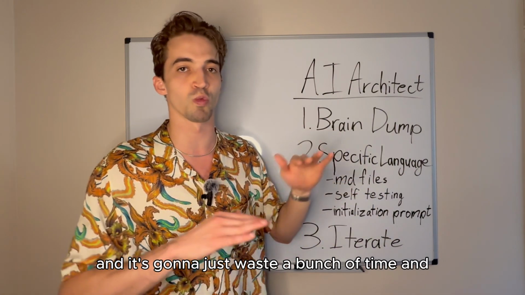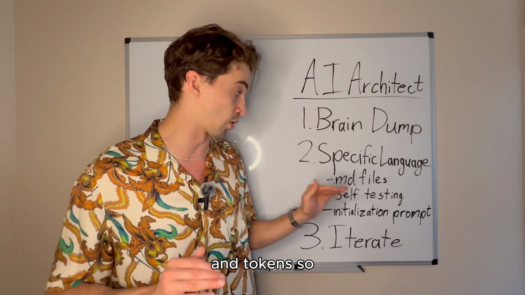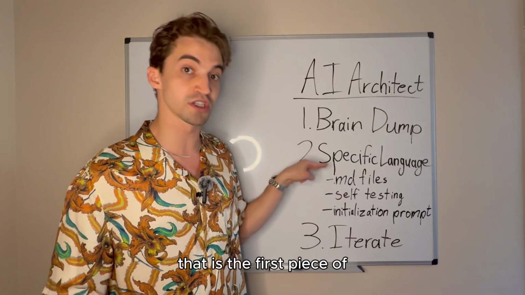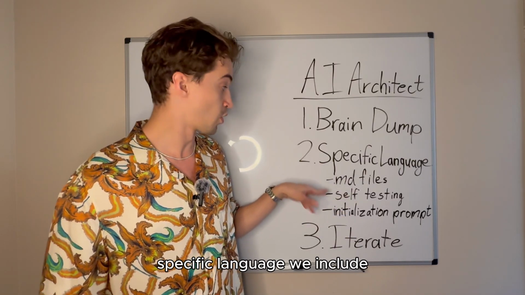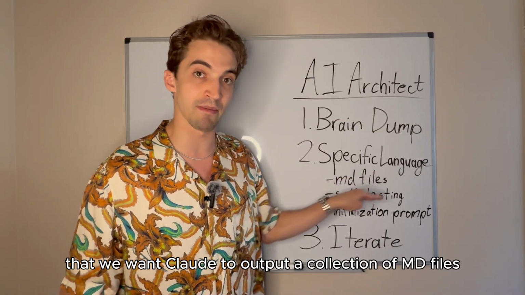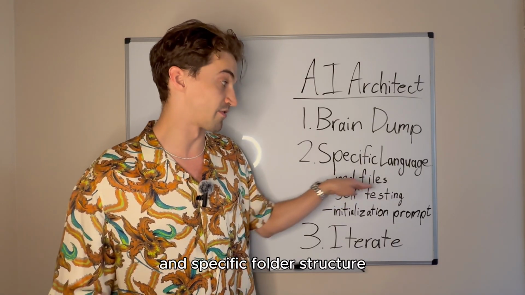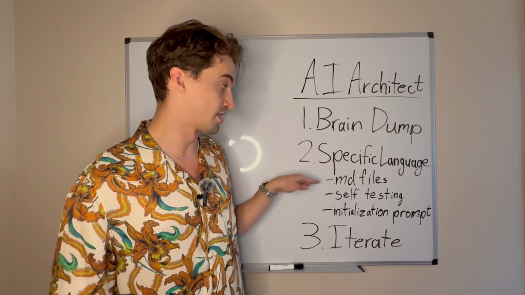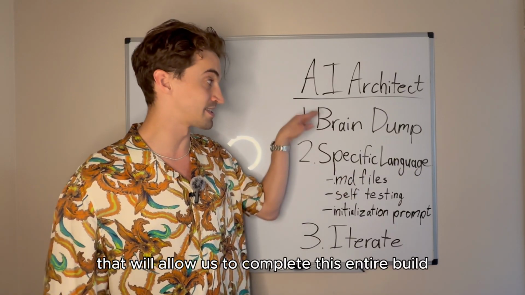And it's going to just waste a bunch of time and tokens. So that is the first piece of specific language we include. We tell Claude that we want it to output a collection of MD files and specific folder structure that will allow us to complete this entire build.